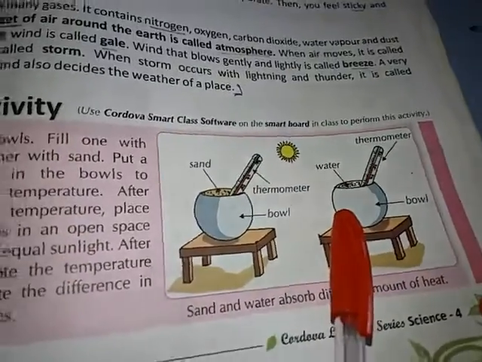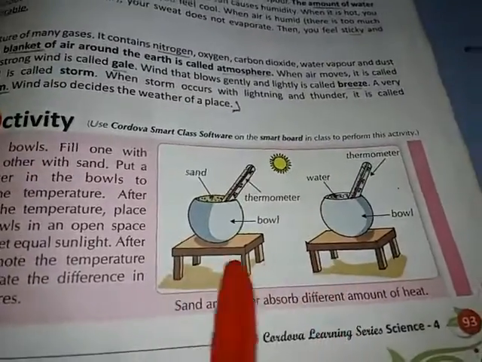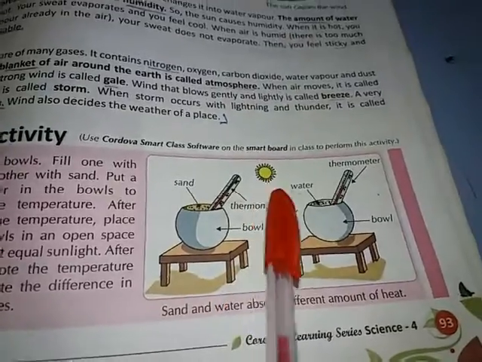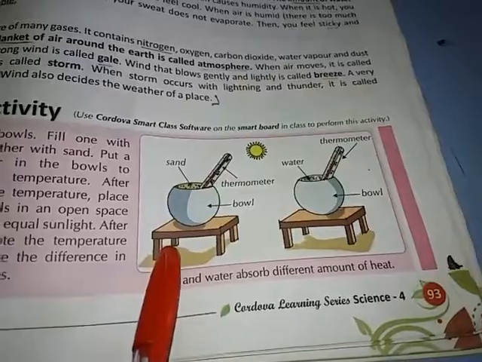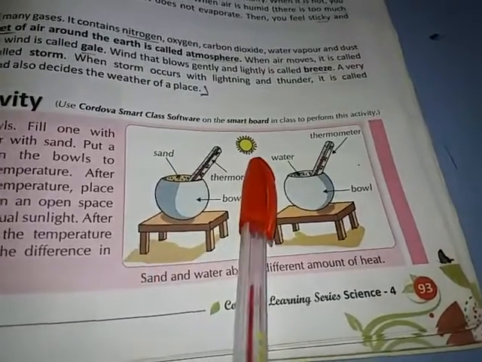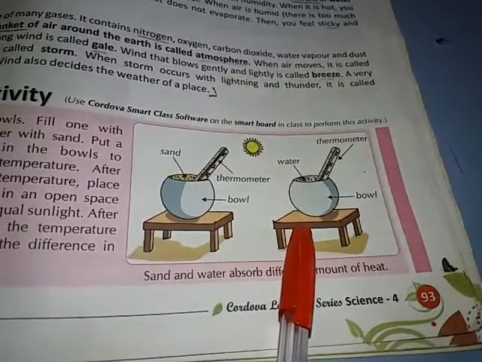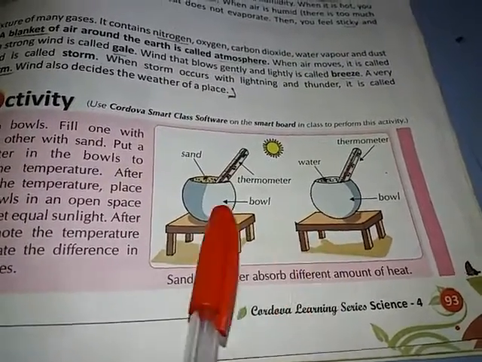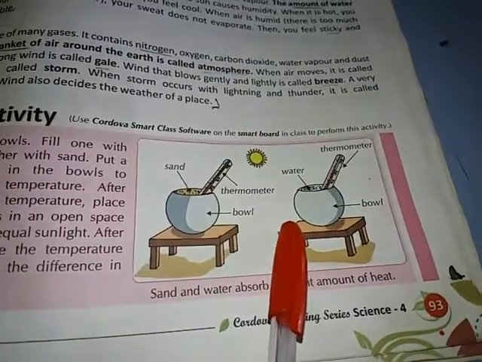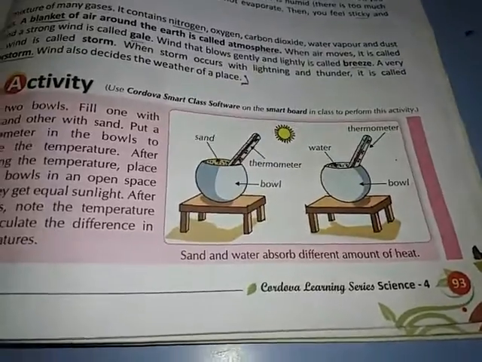After measuring the temperature, we have put these two bowls in an open place where the sun rays can fall equally on both of them. Afterwards, after 2 hours, if we measure the temperature of both the bowls, it will be different.